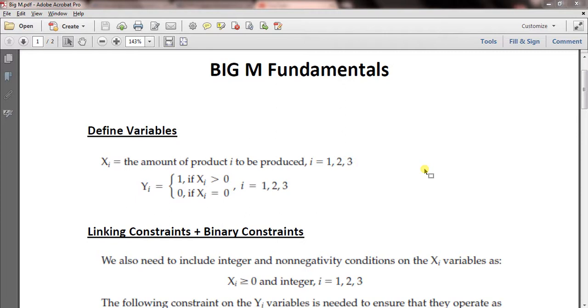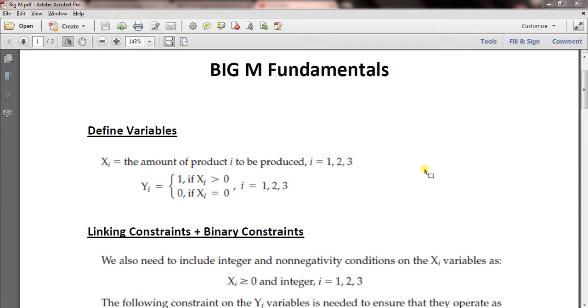So that question of whether to produce or not is duality in behavior. That is where we have two questions in our mind. First question is how much to produce, how many units to produce. And the second question is whether to produce or not.